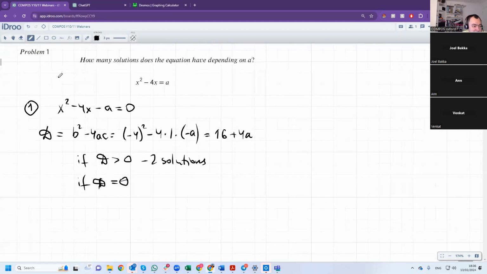So if the discriminant is 0, there's one solution, and if the discriminant is less than 0, there's no solutions.